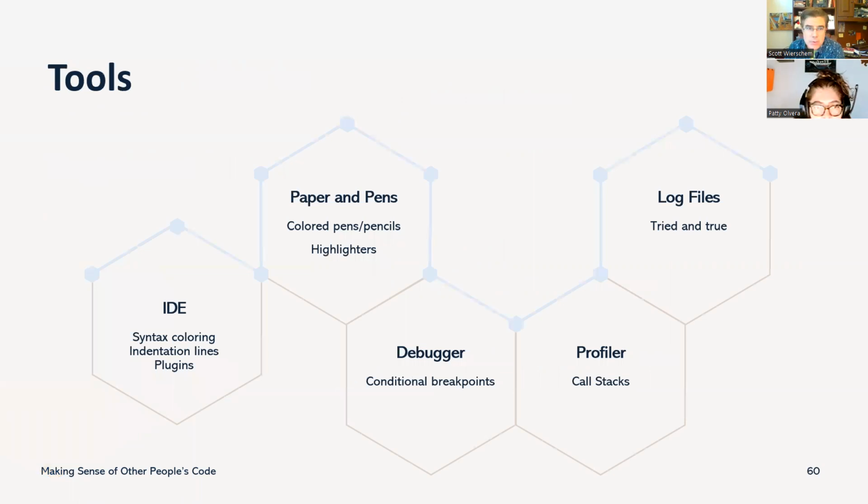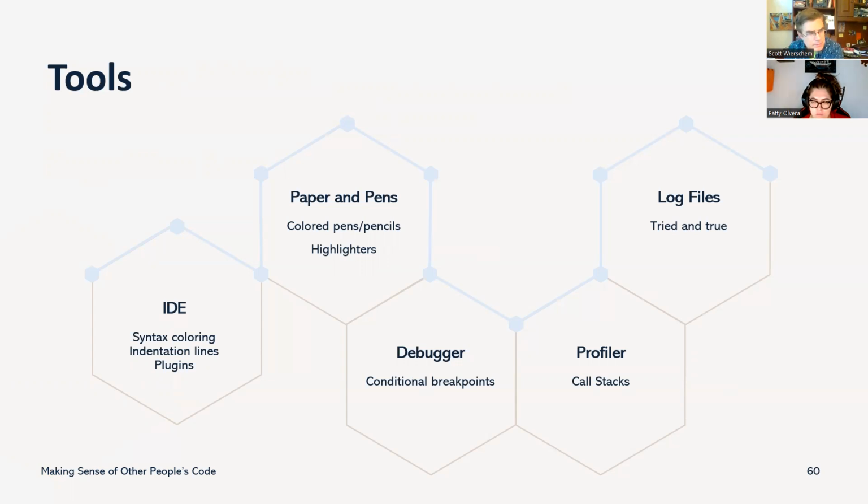Okay, so some other tools that we can use. We use our IDE. It has that built-in syntax coloring, and it'll show you how lines are indented, and plugins like that. CodeScene, whatever the thing that I talked about earlier.